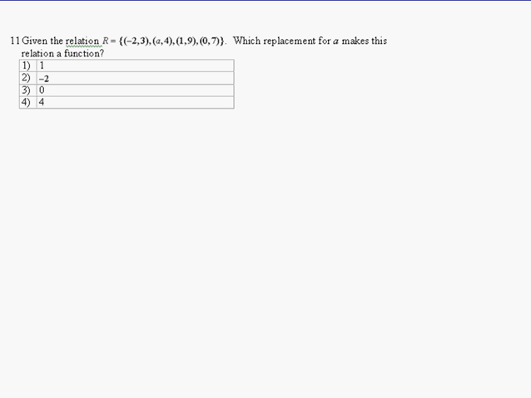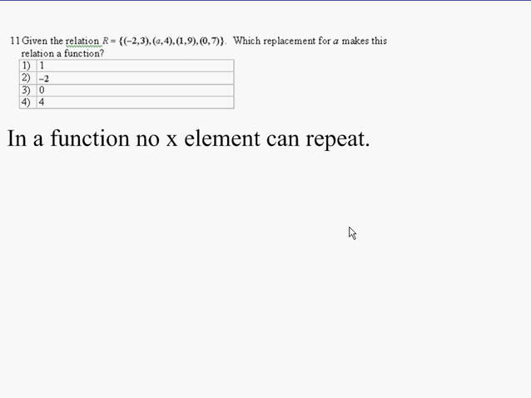Number 11, given the relation R, which replacement for A makes this relation a function? So we want it to be a function. You have to remember, in a function, no x element can repeat. So let's use process of elimination.